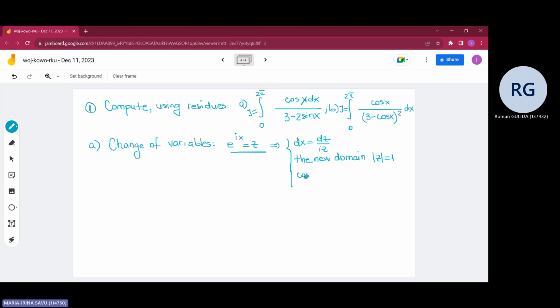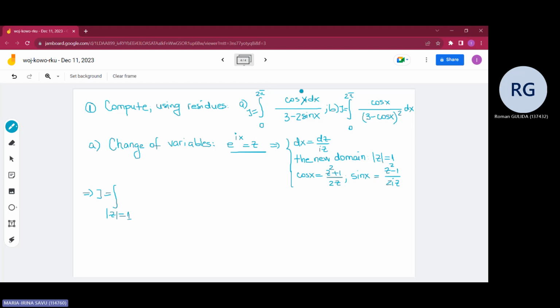Then cosine of x is (z squared plus 1) over 2z, and sine of x is (z squared minus 1) over 2iz. This is an integral which was computed on 0 to pi, but will be computed on this new domain, which is a circle of center 0 and radius 1.